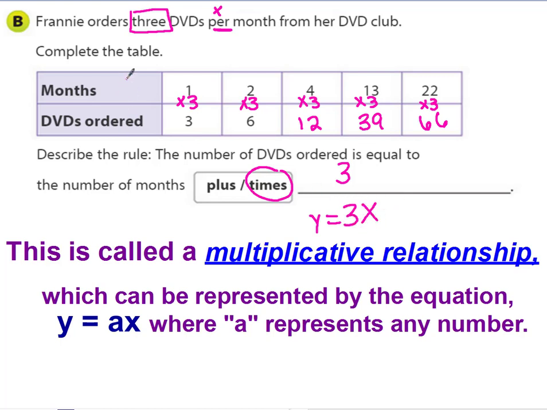Again, x is the months and y is the DVDs ordered. So I can do this. So I can do y equals 3 times 4. Well, that gives me 12. And yes, that matches. So that's how I would use or incorporate my equation for this table.